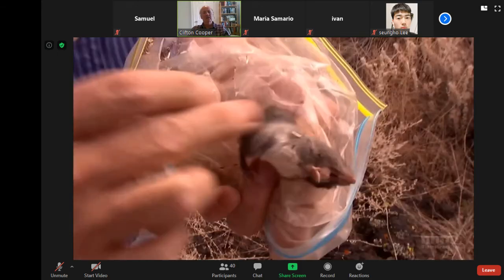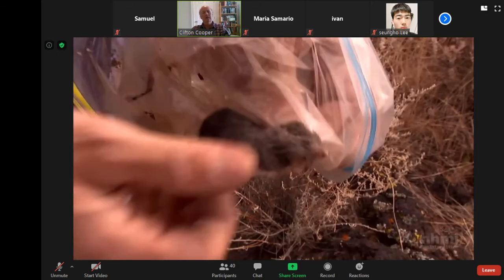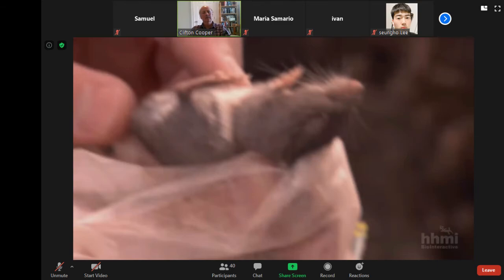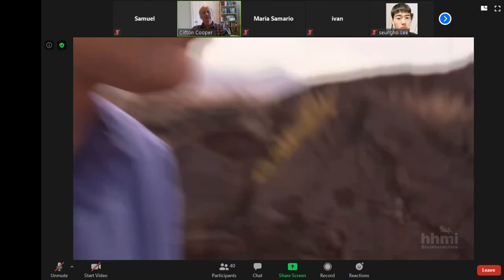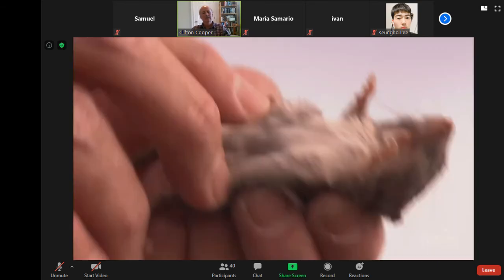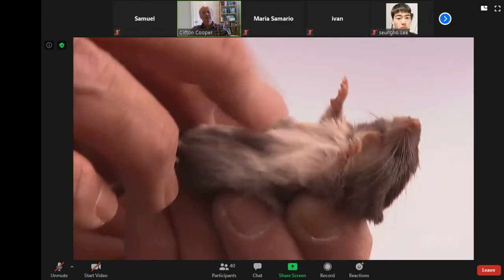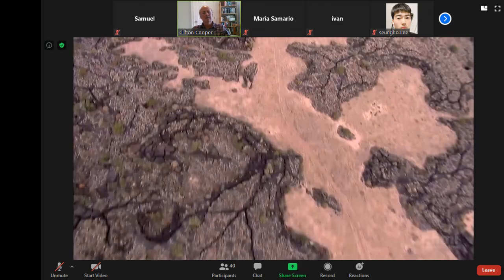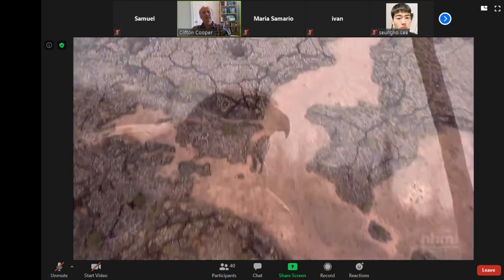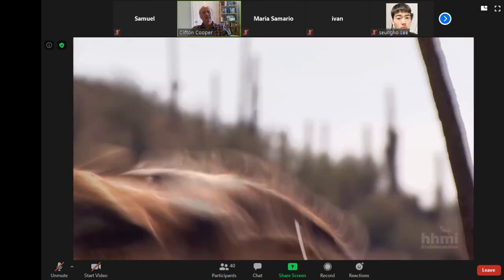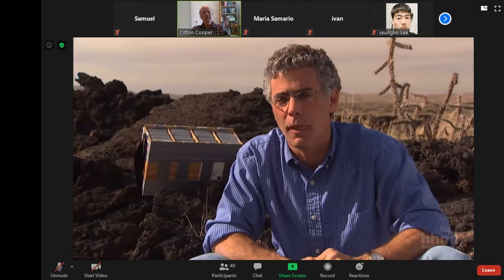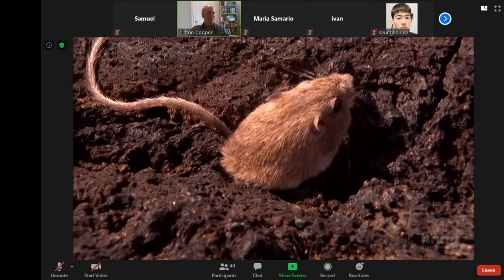A bit of a white underbelly, too. That's right. All of the dark ones here in the other lava flows have a white underbelly, and presumably there's no selection for dark on the belly because predators are coming from above. Left to themselves, the mice show no preference for light or dark rocks. It's the predators that have made the difference. The change in color over evolutionary time in the population is driven by predators weeding out the mice that don't match their background.